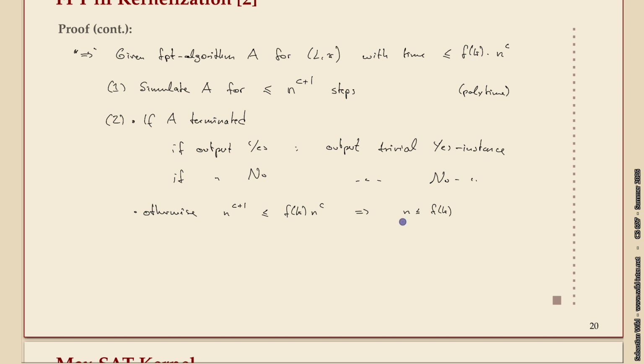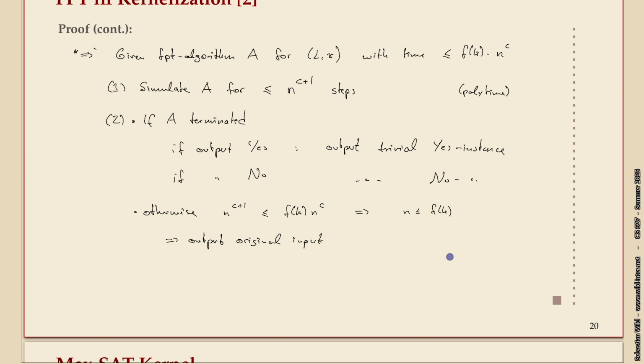Oh, look, the original input size is bounded by something just in terms of the parameter. So it's already a kernel of its own. And so in both cases, we just spent polynomial time for simulating A, doing trivial stuff. Here, also not doing anything interesting. We're just outputting the original input again.